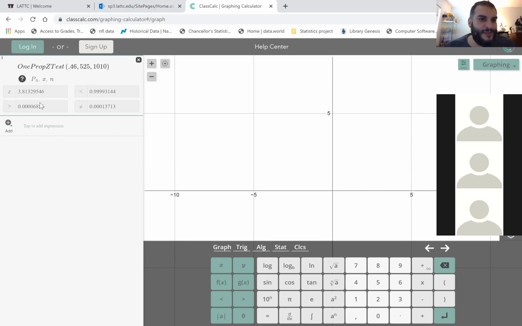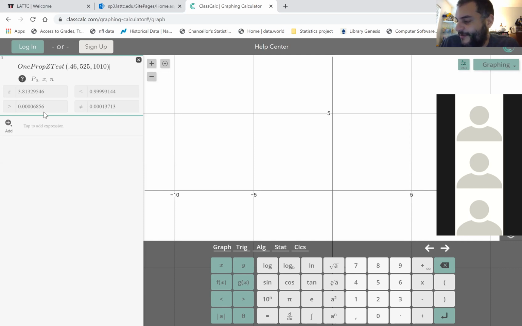And for this one, which p-value would I use? 0.9999, 0.000068, or 0.000137113? Which of these three p-values should I use? Yeah, you want to use the one that says 0.000068. So that's what I'm gonna put for p-value.